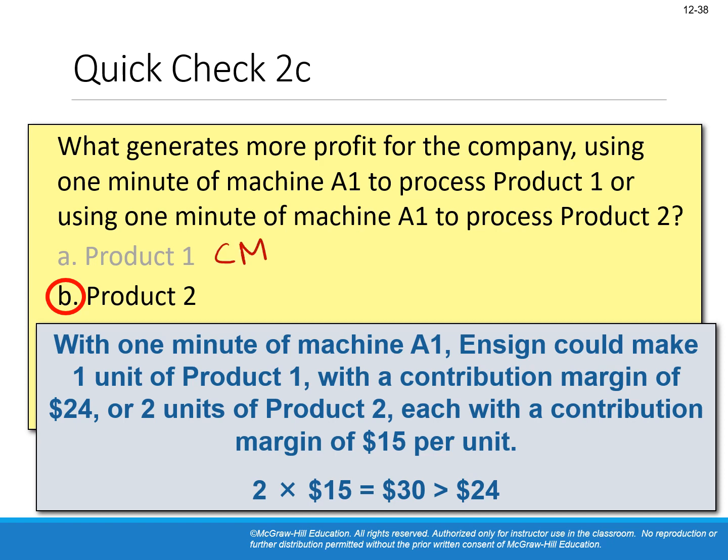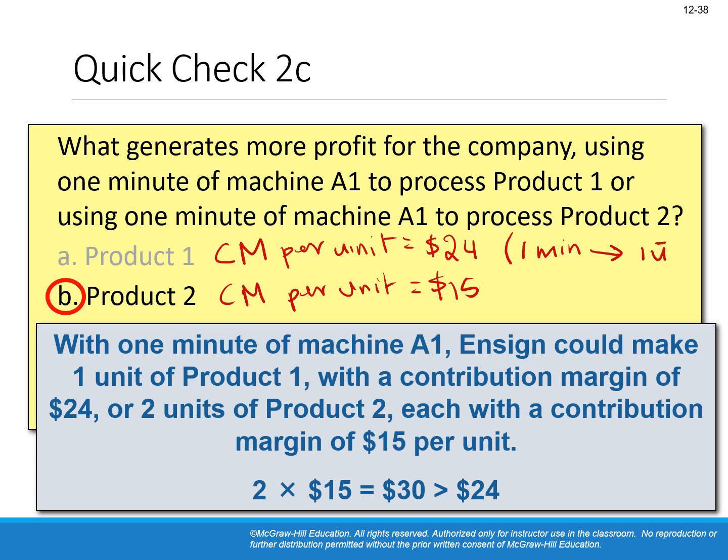The contribution margin per unit, or unit CM if you want, for product 1 is $24. The unit CM for product 2 is $15. We know that each minute from the constraint produces 1 unit of product 1, and each minute from the constraint, or machine A1, produces 2 units of product 2.